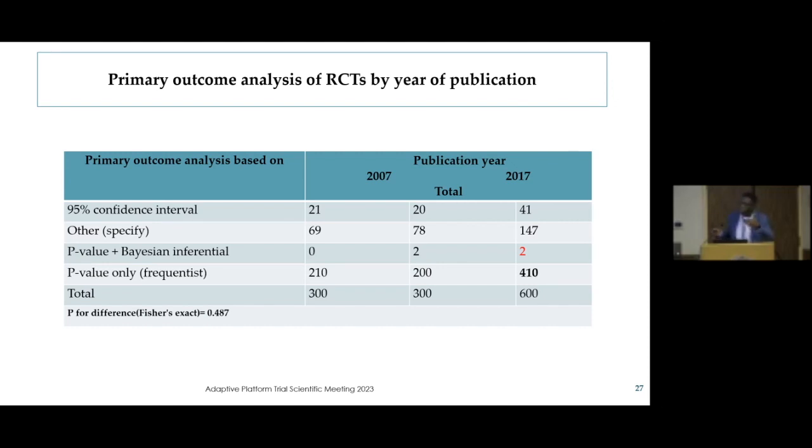Was there consideration for this also in the data analysis, in the hypothesis testing? Those were part of the things that we extracted in the RCTs we looked at, both the statistical approach and also the characteristics of the RCT.